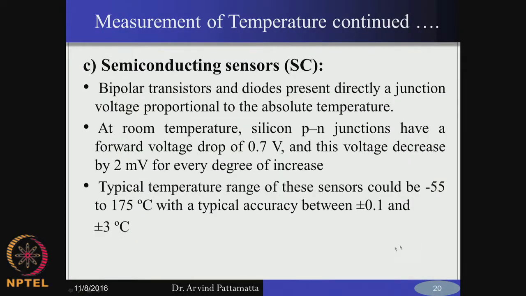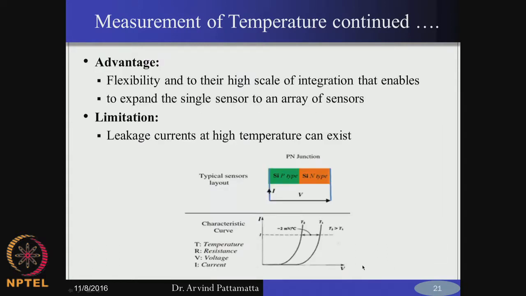Apart from that, you also have what are called semiconducting sensors. Rather than using metallic elements, you use semiconductor devices where the junction voltage is proportional to the junction temperature. So, at a particular junction, suppose you make a PN junction diode, the voltage that you measure across this PN junction will be a direct function of the temperature at which you maintain it.